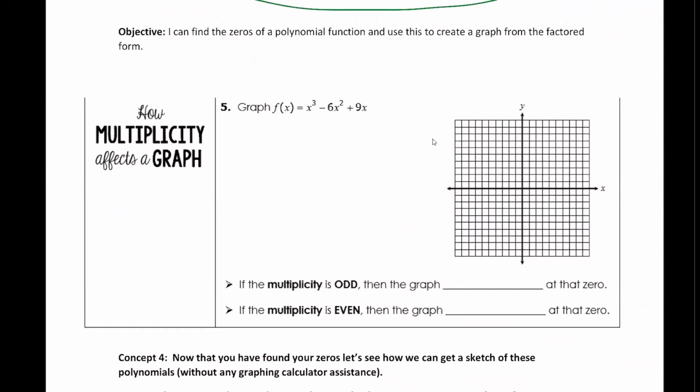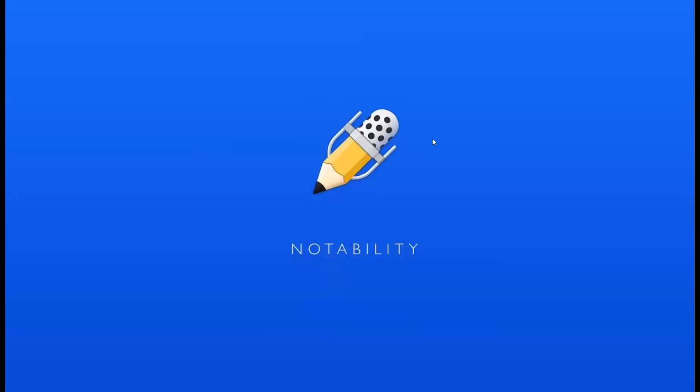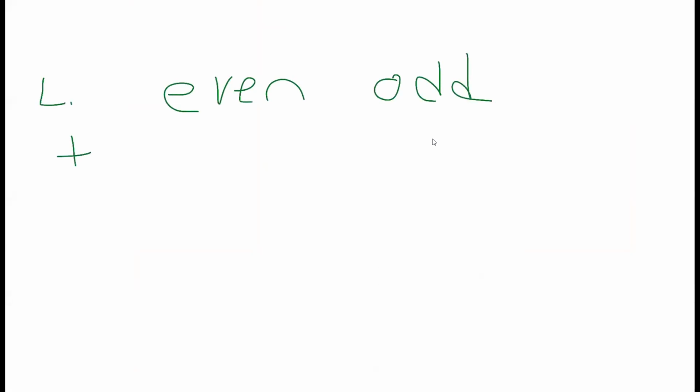All right, but what I wanted to look at next is basically the end behavior. I don't know if you have your notes from 5.1, but we had that table. It was even and odd, and then our leading coefficient, if it's positive or negative.